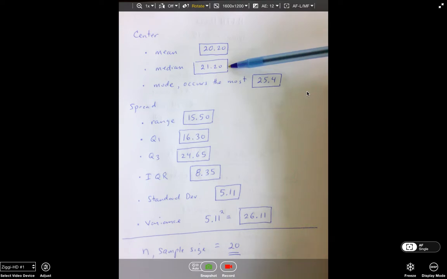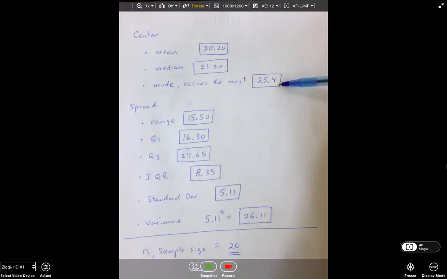Remember, when we talk about location in a data set, we typically define that as the percentage below. I don't know why statisticians are obsessed with percent below, because a percent above is just as valid, but we talk about percent below. So what we would say here is approximately 50% of the body fat measurements are at or below 21.20.